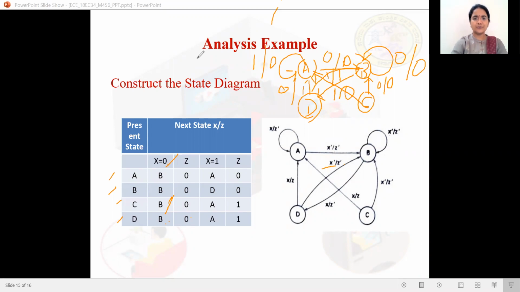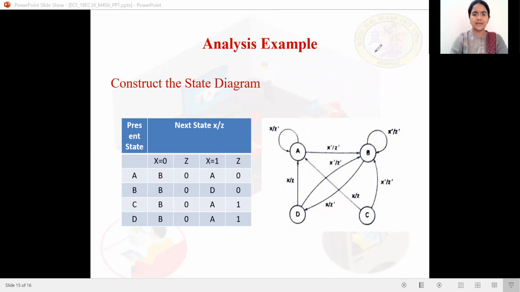In this way, we have to write the state diagram. We can see this diagram where we first write the states. We are having 4 states here, A, B, C, D. We have to write the states inside the circle, and then we have to write the directed arcs to the other states as the states transit from one state to the other, depending on the input and the output.